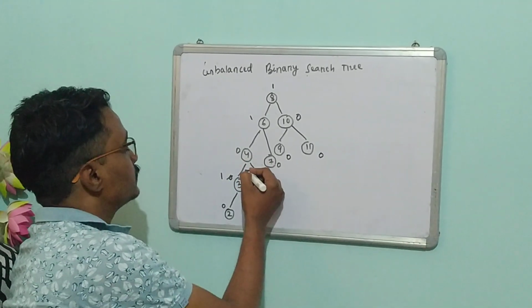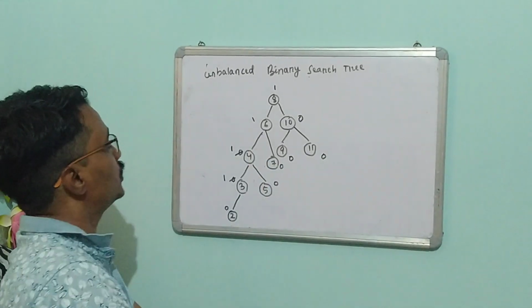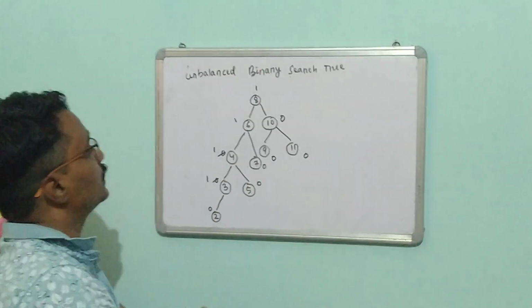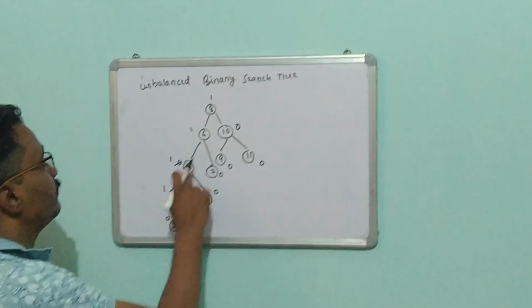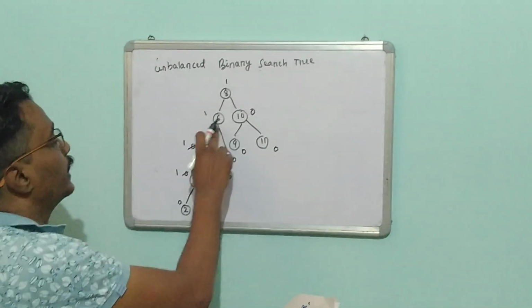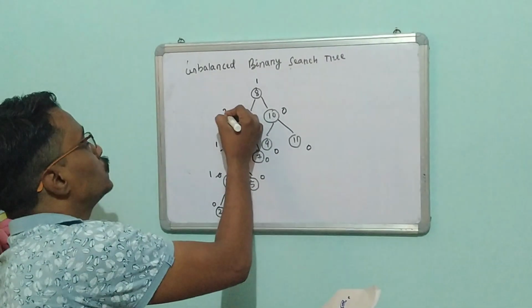And 4 has this as 2 and this as 1, so again it will be 1. And 6 is a very interesting thing, because here it has 3 on the left part and the right part is 7, so now it becomes 2.